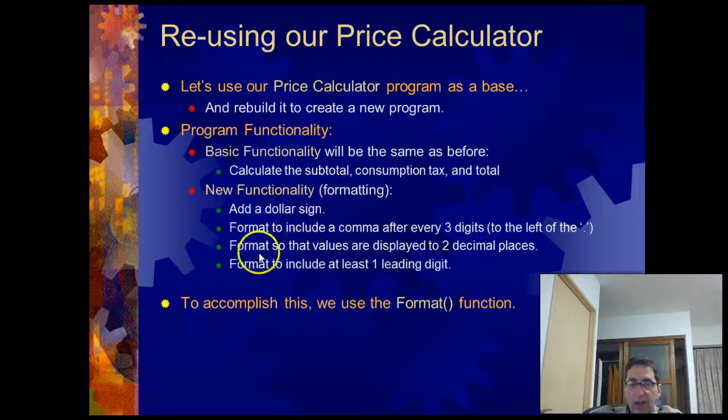Add a $ sign. Format to include a comma after every 3 digits to the left of the decimal point. Format so that values are displayed to 2 decimal places. Format to include at least 1 leading digit. And to accomplish this, we'll use the format function.